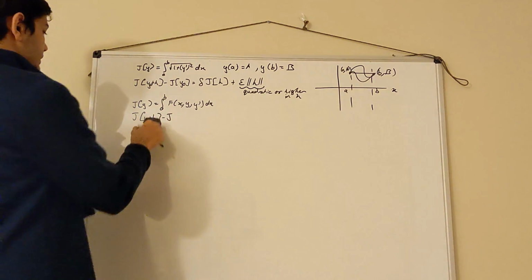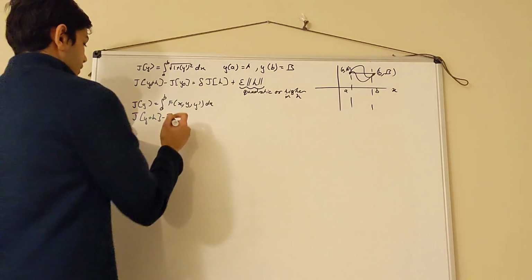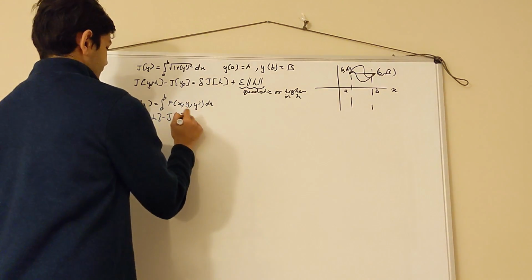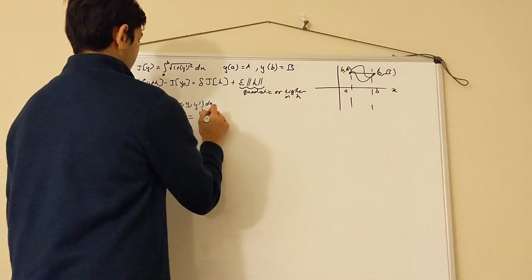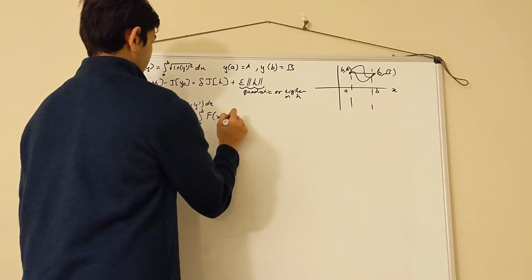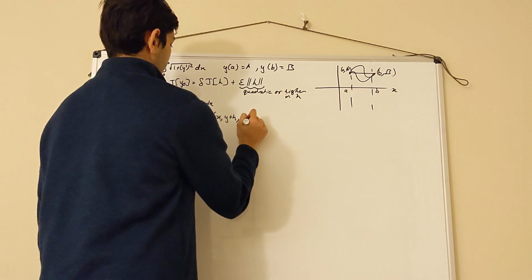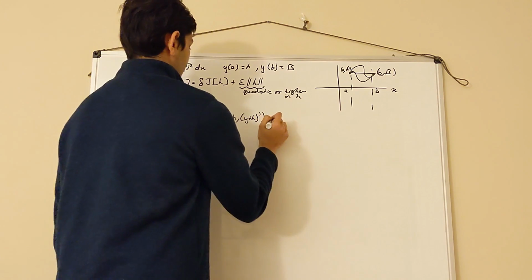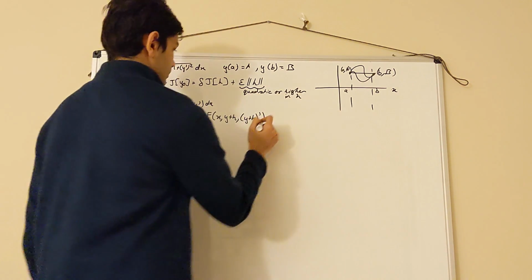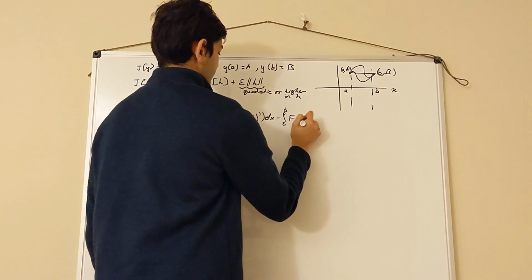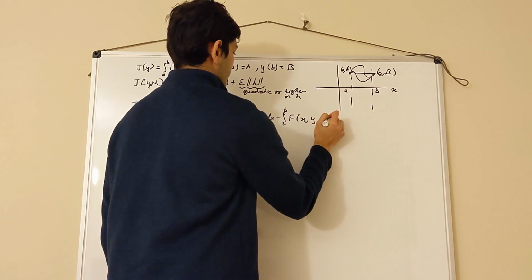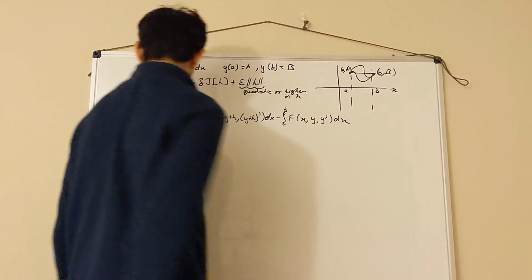Actually, I'll just write J of y plus h instead of y0. So J of y plus h minus J of y will be equal to the integral from a to b of f of x, y plus h, comma, y plus h prime, dx, minus the integral from a to b of f of x, y, y prime, dx.